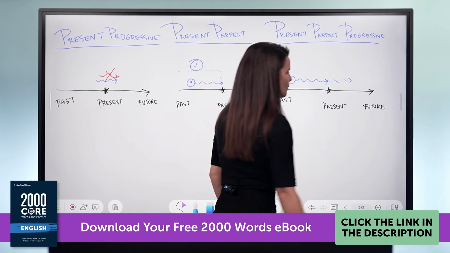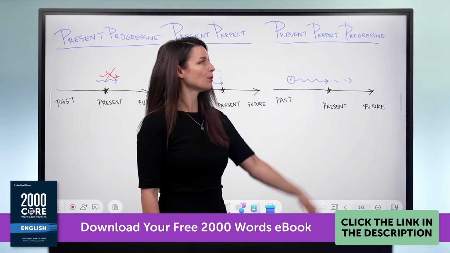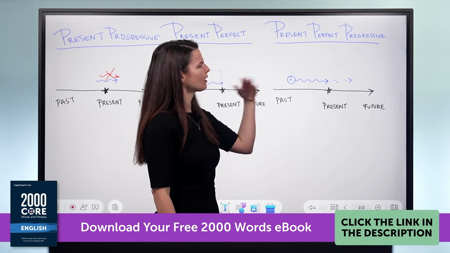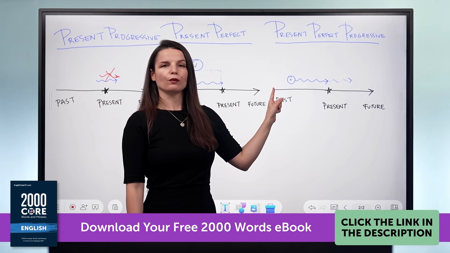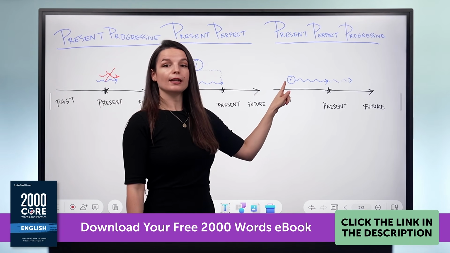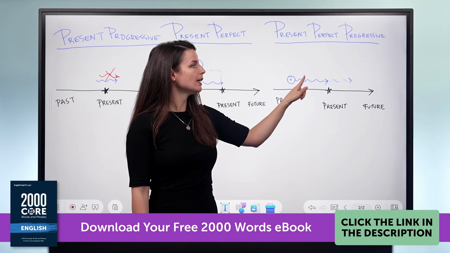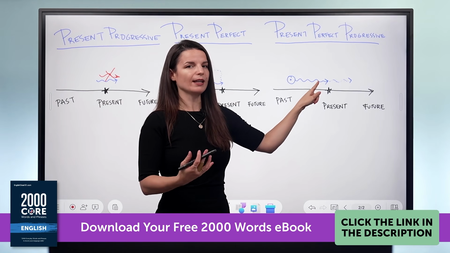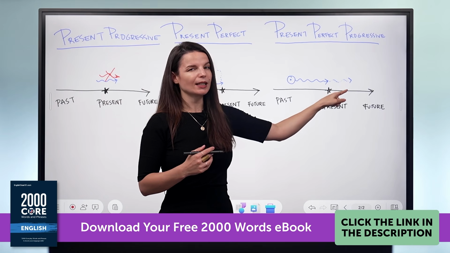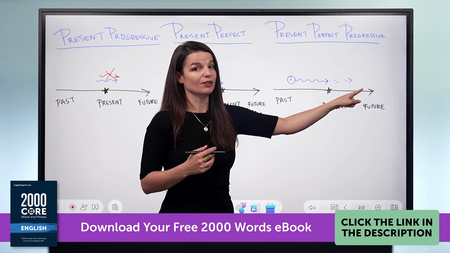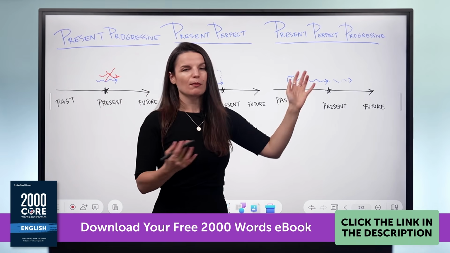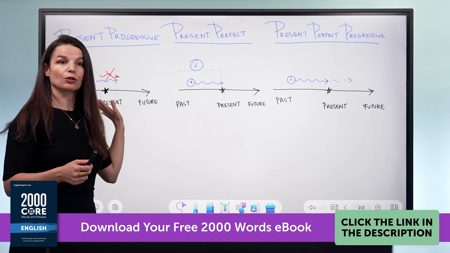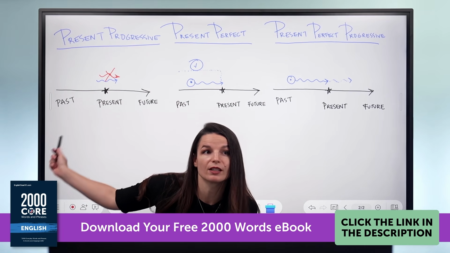So next, let's look. When should we use this grammar point? Present perfect progressive is something we use for an action that started in the past, continues to the present, and that it feels like it's going to continue in the future also, yeah? So you can maybe see how these three grammar points are very different, yeah?